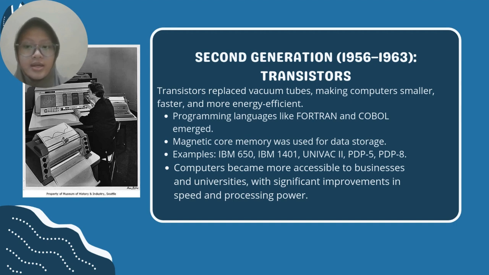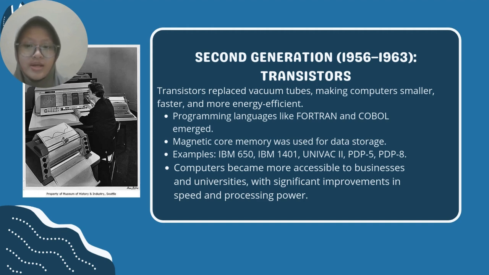During the second generation, transistors replaced vacuum tubes, making computers smaller, faster, and more energy efficient. This era also saw the introduction of programming languages like Fortran and COBOL, which made programming much easier.